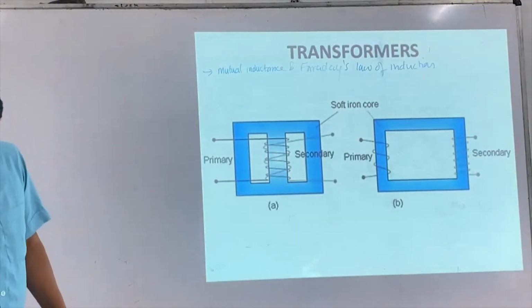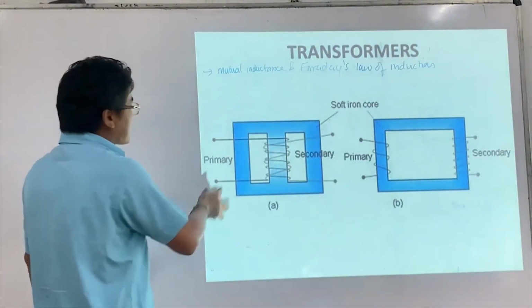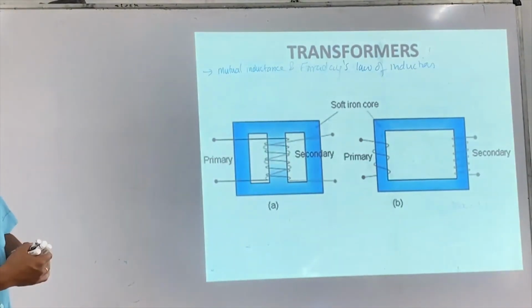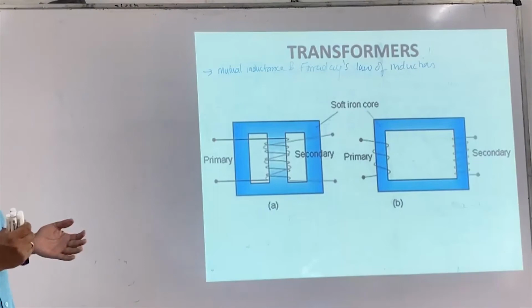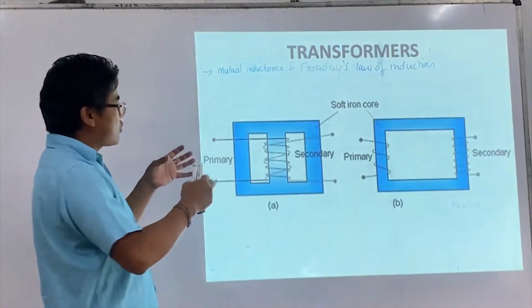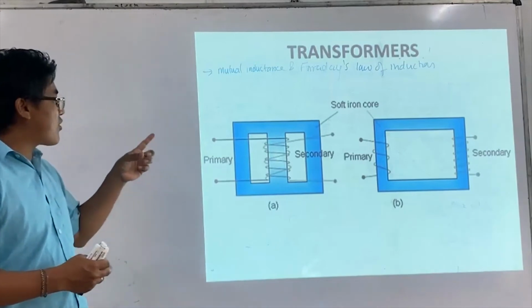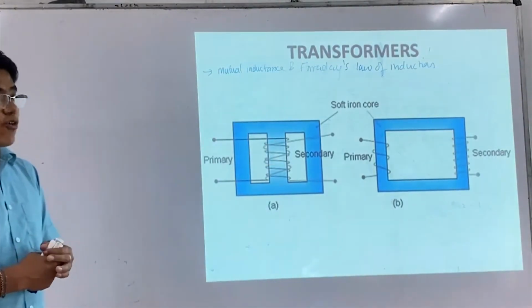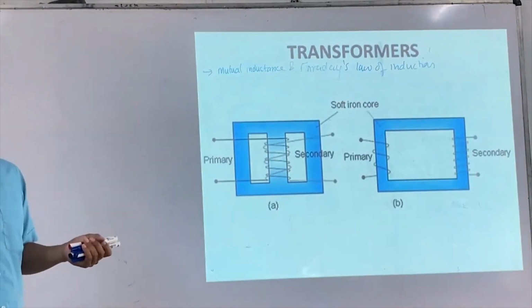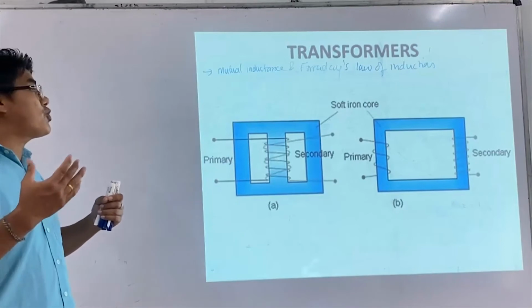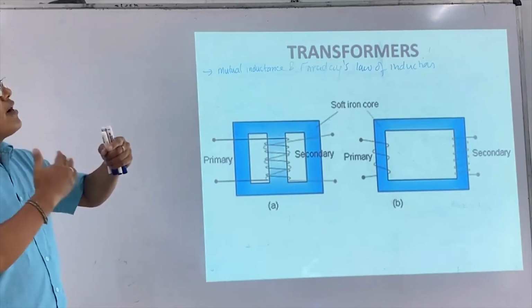Now, as far as construction is concerned, a transformer consists of two coils. One is what we call the primary coil, another is what we call the secondary coil. And you have two different constructions. In one construction you put one coil over another coil.